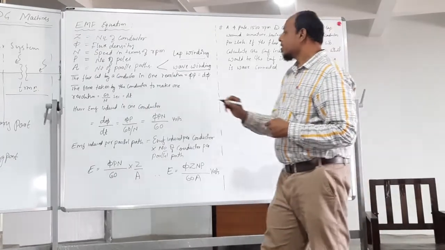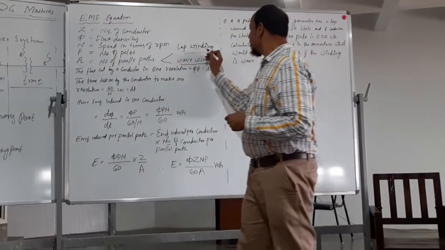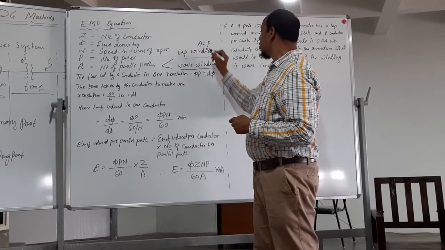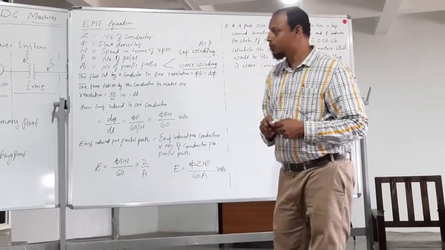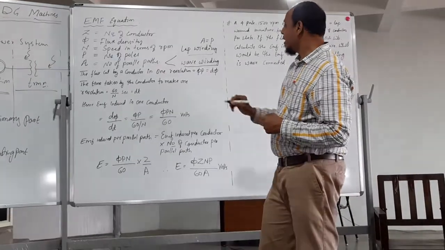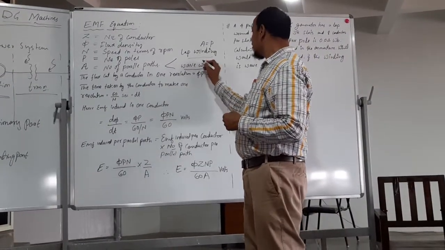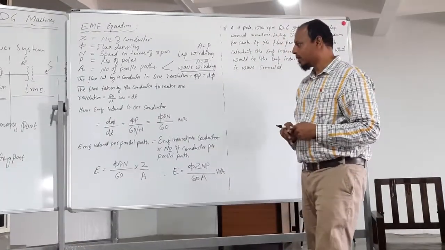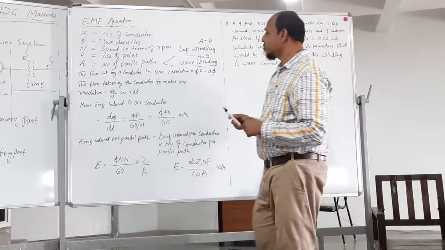So here the number of parallel paths in the lap winding is equivalent to the number of poles. A is equal to the number of poles, and in case of wave winding it is always equal to 2. Number of parallel paths is always equal to 2.